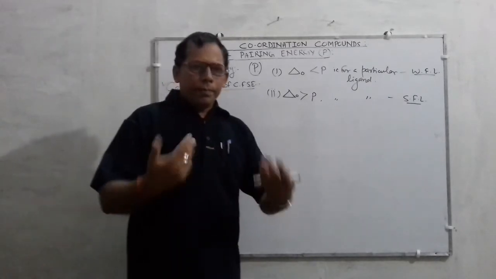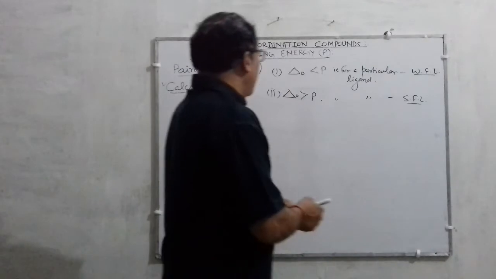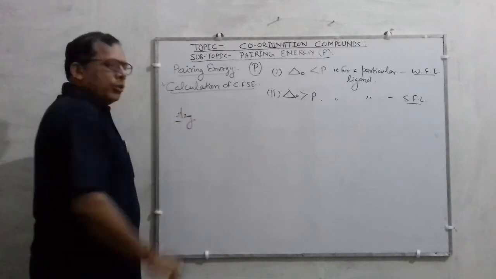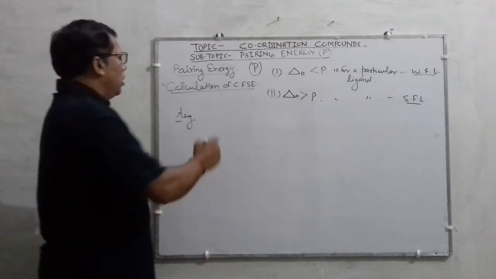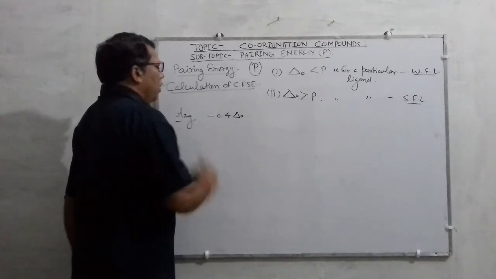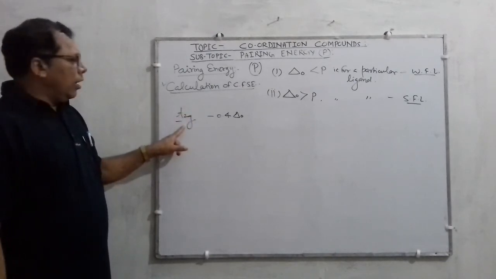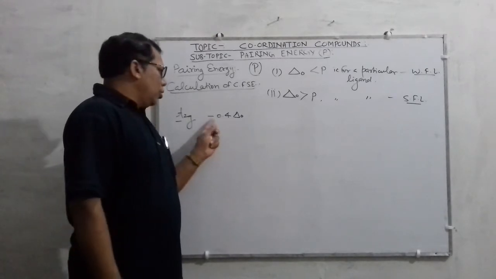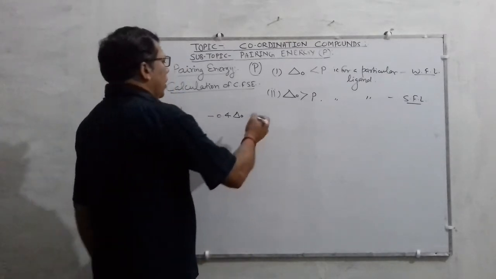From previous knowledge, you know that when an electron occupies the T2G orbital, the energy is decreased by minus 0.4 del 0. Must remember, when an electron occupies the T2G orbital, there is a decrease in energy by minus 0.4 del 0, and this 0.4 is coming from where?